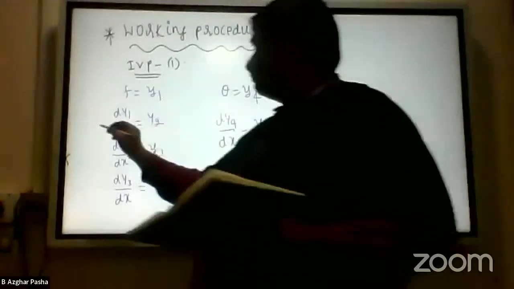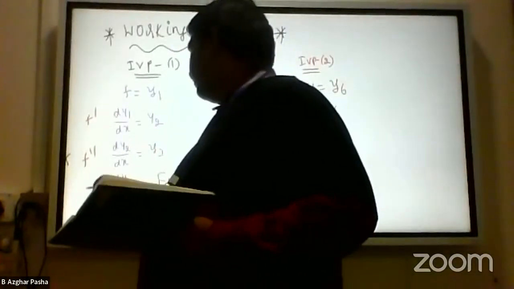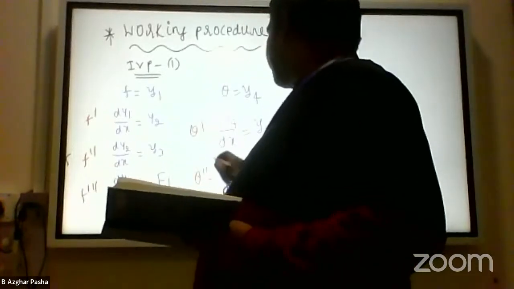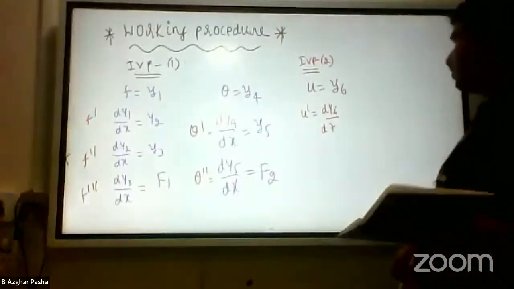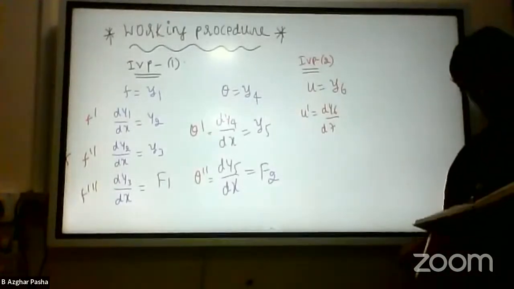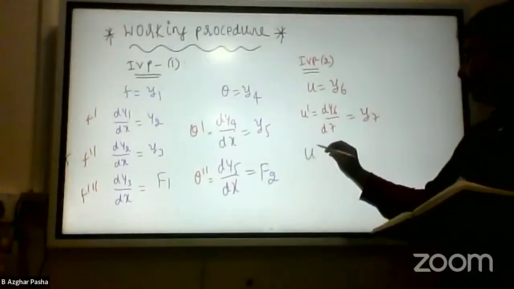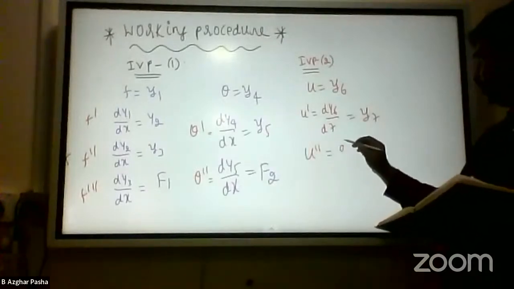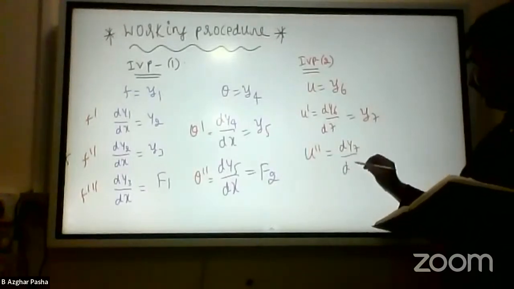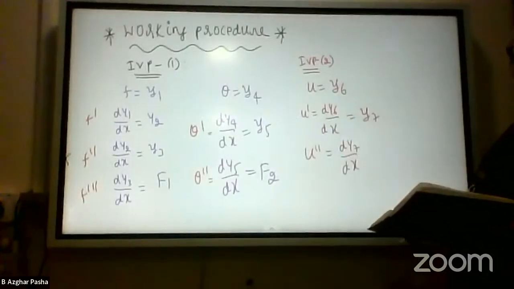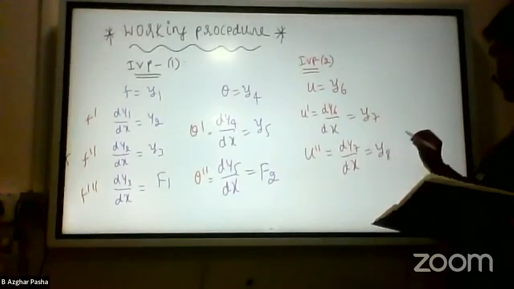This is f dash now. f dash, f double dash, f triple dash. This is theta dash, theta double dash. So same thing. u dash is dy6 by dx, I will call it y7. u double dash is equal to dy7 by dx, I'll call it y8.